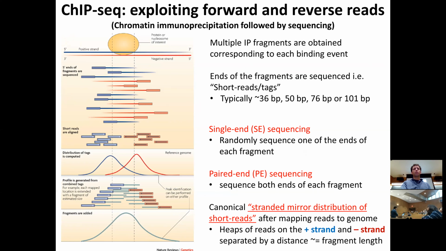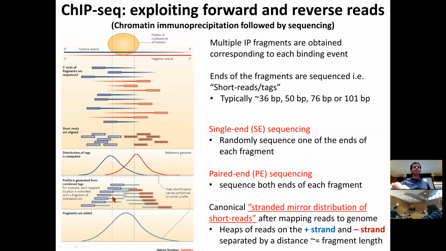So that means that the true distribution of where that protein or that nucleosome was is in fact exactly halfway between two separate peaks, one peak coming from the forward strand and one peak coming from the reverse strand. So all the reads that I'm sequencing from the left to the right are going to be mapping here. All the reads that I'm sequencing from the right to the left are going to be mapping here.